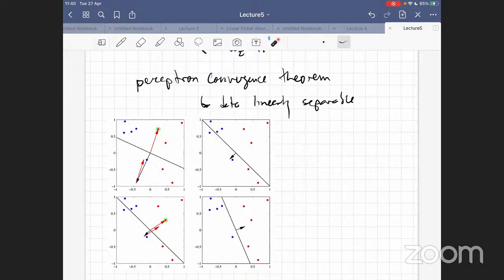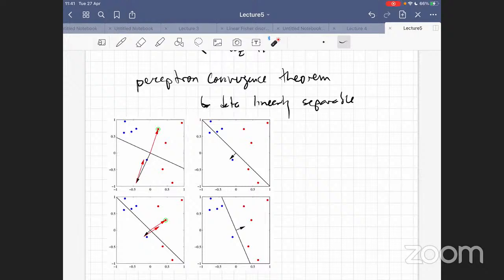So in the first iteration, I take a random misclassified point, for example this one, and then I add this plus this, or minus this, sorry, which gives me this result here. And this result defines a decision boundary. This is the result of my first iteration, so how it moved.